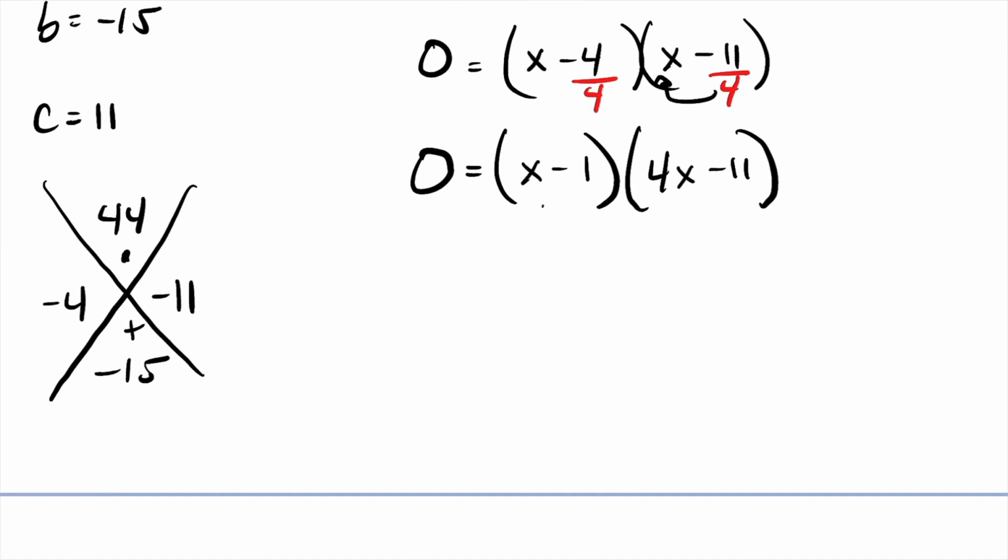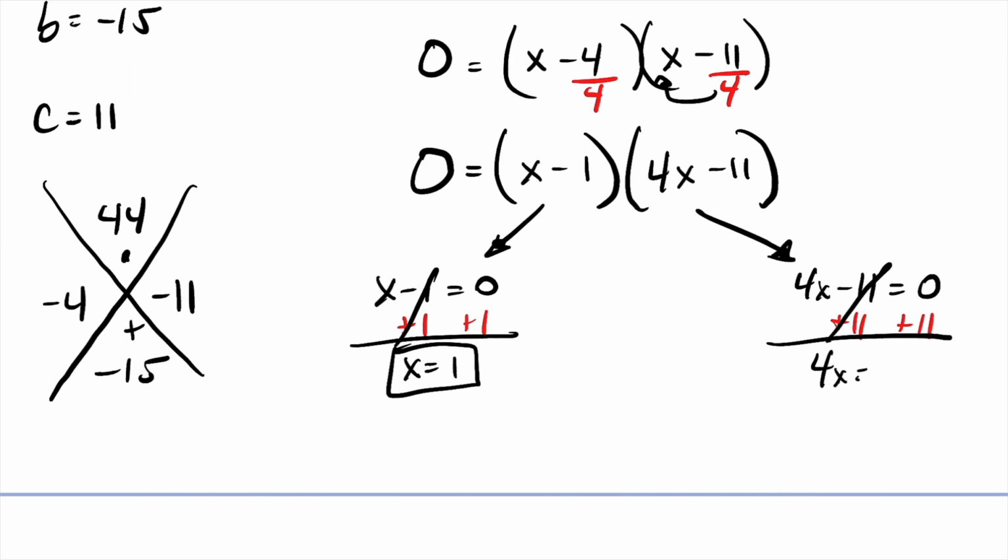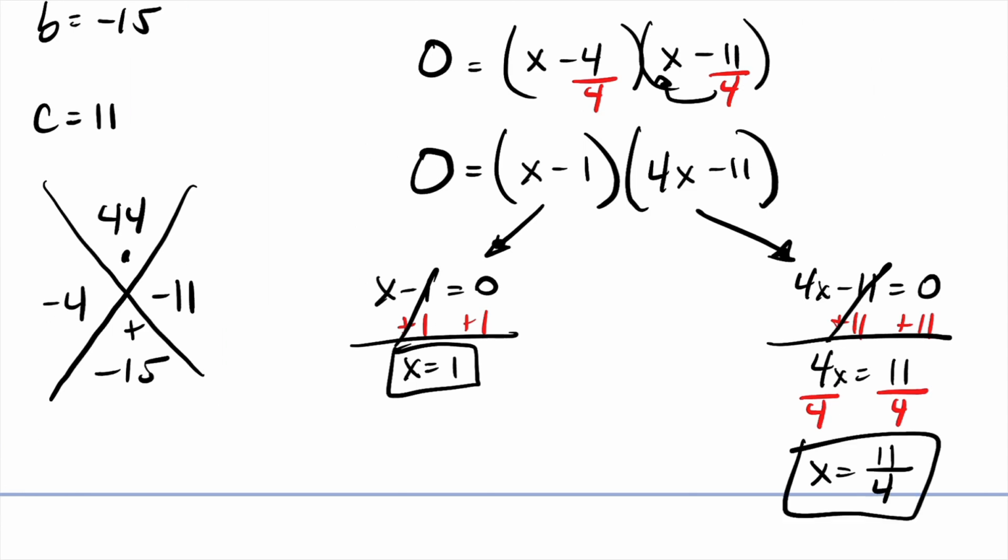Separate, set equal to 0, solve. So I get 2 answers. I get a positive 1 and a positive 11 over 4.